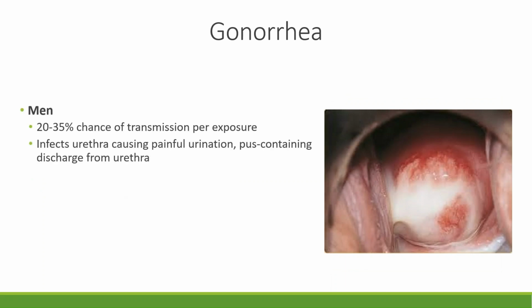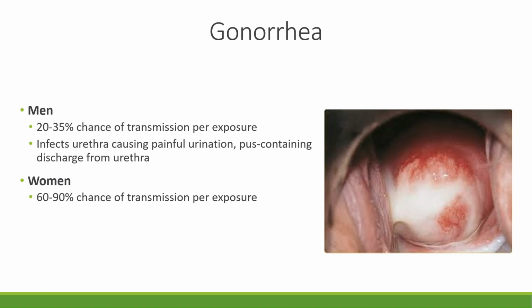As I said, the infection rates differ by sex. For men, the chance of getting infected after a single exposure is about 20 to 35%. When symptoms appear, they usually involve painful urination and pus-filled discharge from the urethra. For women, the transmission rate is much higher, 60 to 90% per exposure.